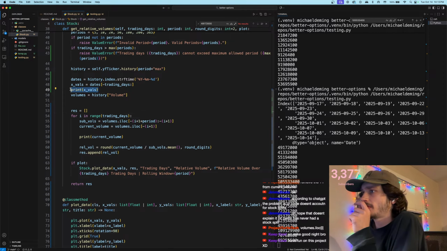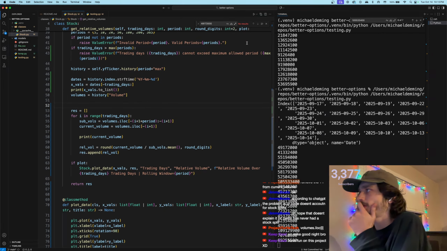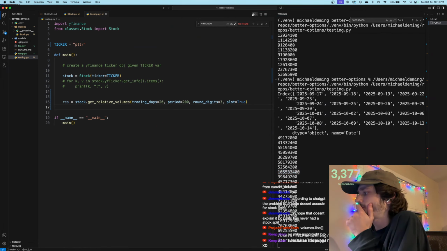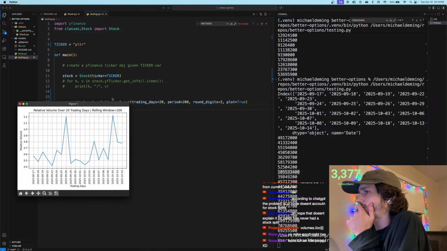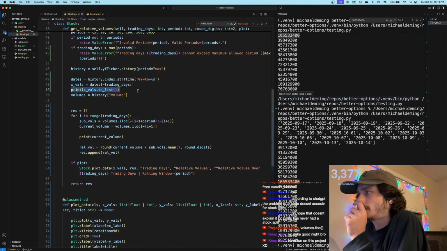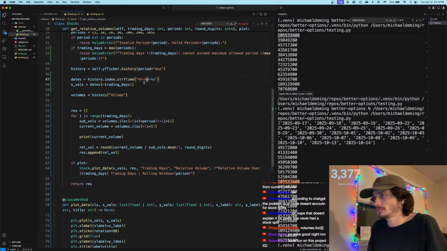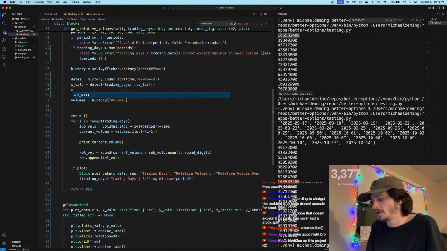Now I print .tolist, something like that. Okay, so we'll do this. tolist equals x.